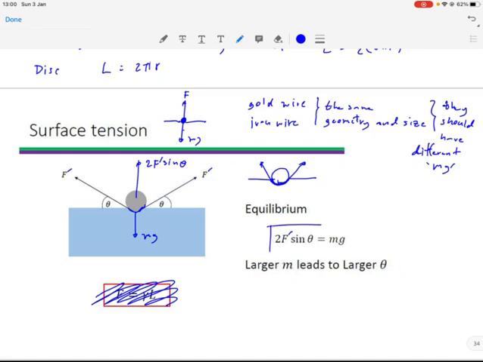We can write down 2 F palm sin theta equal to mg. And larger m leads to larger theta.